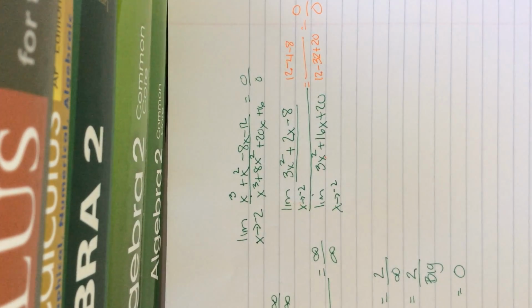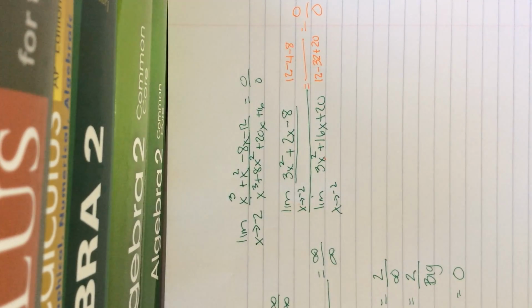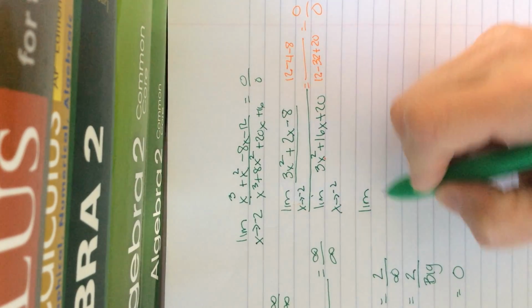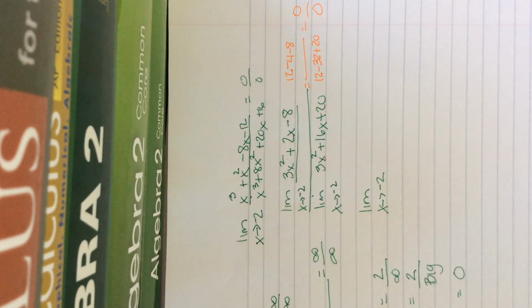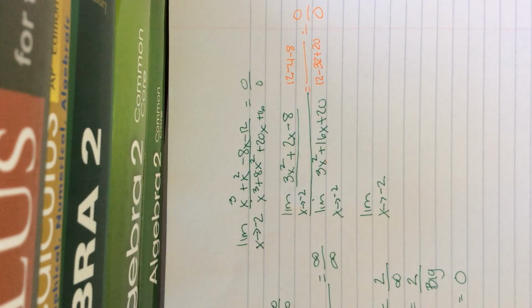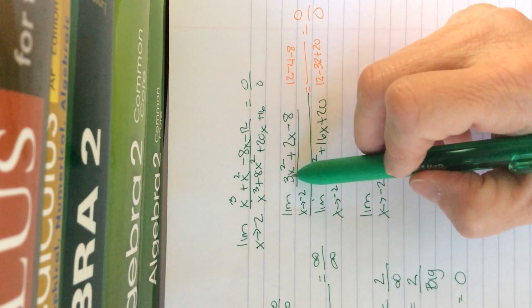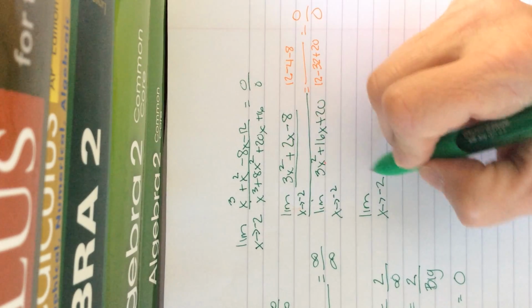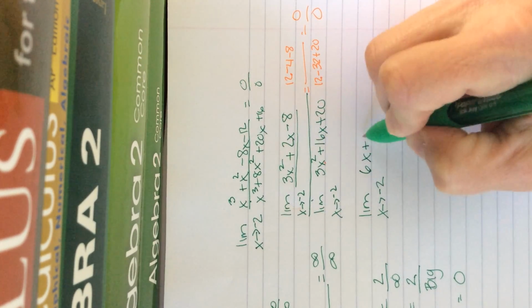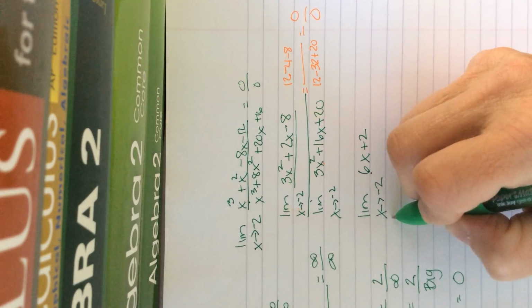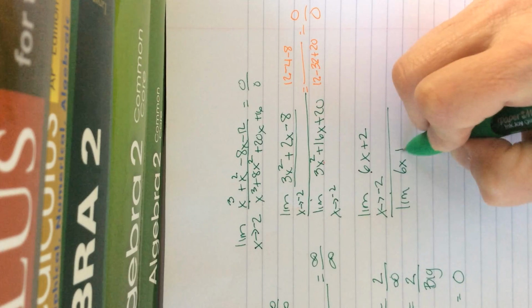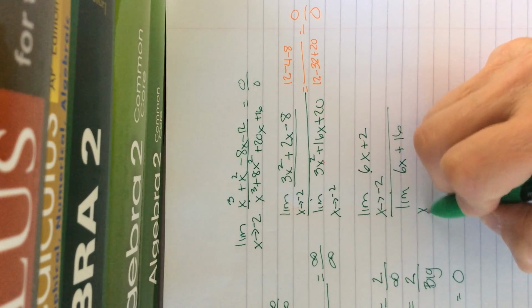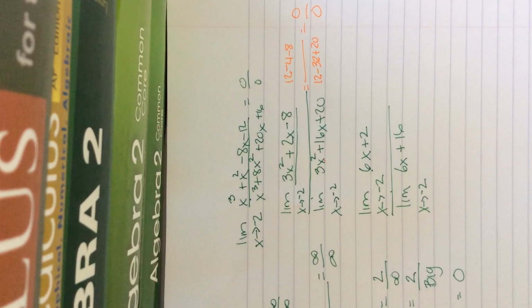So I want to use L'Hopital's rule again. So the limit as x approaches negative 2, I want to do this enough times until when I substitute negative 2, I get a value. So the derivative of the numerator is 6x plus 2. The derivative of the denominator is 6x plus 16 as x approaches negative 2.